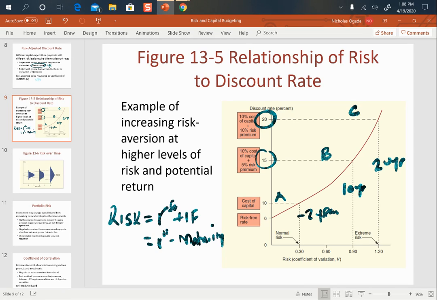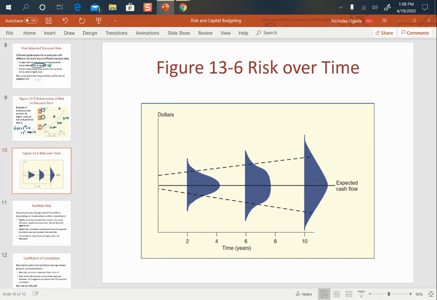And because of that, the maturity risk or maybe liquidity risk should then be added to the risk-free rate and inflation rate, so that we end up having the 15% rather than the 10% for our 2 year projects. So because of that risk being high, we need to adjust this into the future.